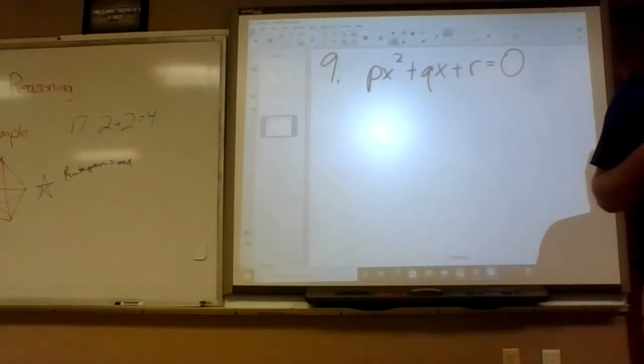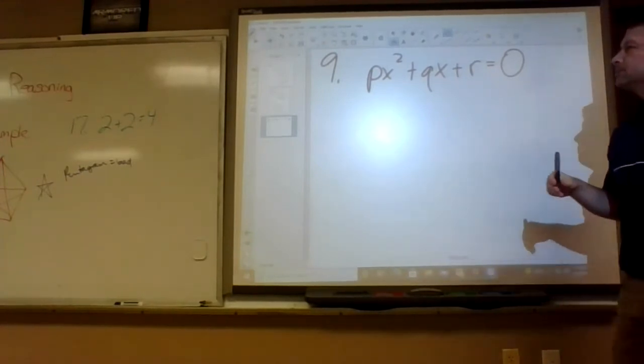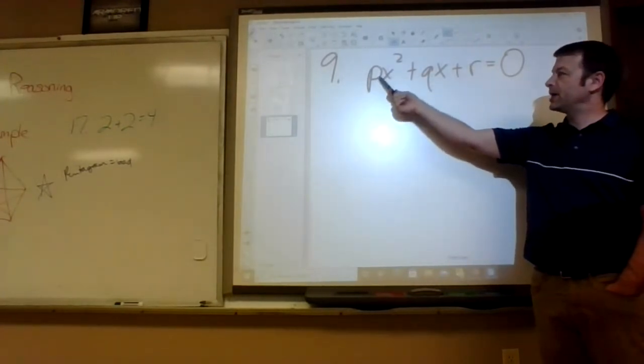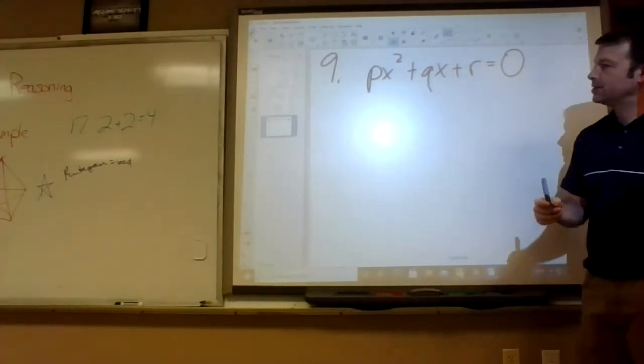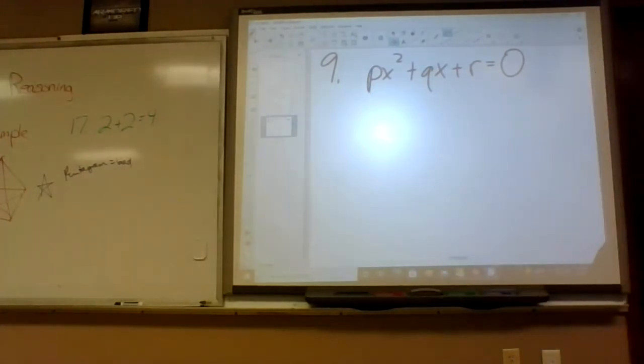You guys know why I changed the order? This is standard with the x squared and then the x and then the constant. You guys see where they're going with this? You have to do the slope.